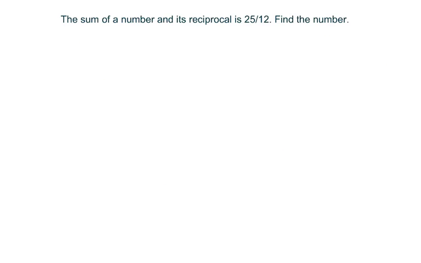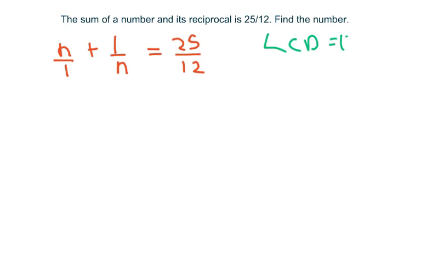Okay, the next problem is the sum of a number and its reciprocal is 25 over 12. So the first number is n, and its reciprocal is 1 over n, and that equals 25 over 12. So basically my LCD is 12n, and I multiply each piece by 12n.